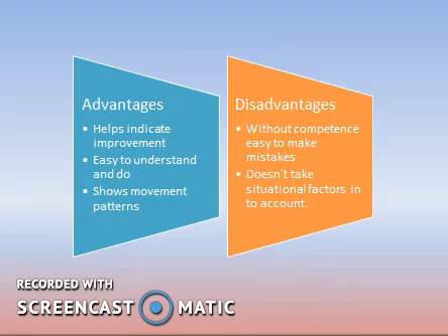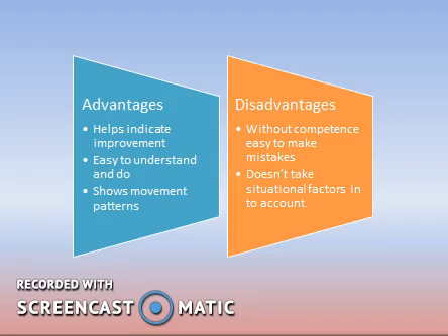Pros and cons. There are many advantages to notational analysis. It helps indicate improvement by seeing your strengths and weaknesses, so what you need to improve on, and it's easy to understand and do. Also, it can show movement patterns. However, without competence in the sport, it's easy to make mistakes. For example, if someone doesn't understand basketball and they're given a list of things, they might not even understand what they are, so they wouldn't be able to identify them within a game.